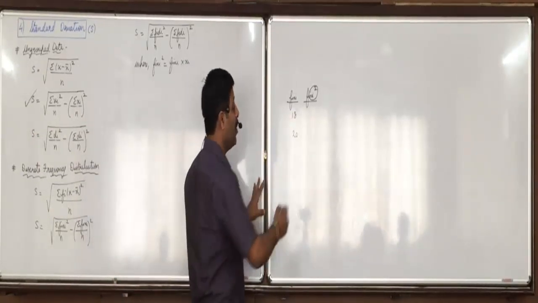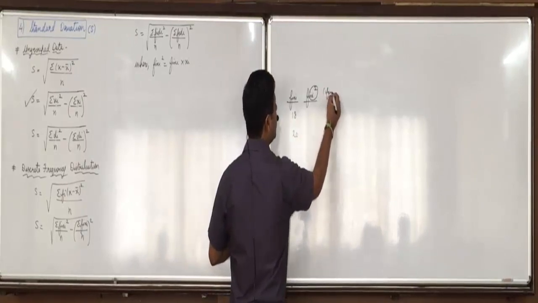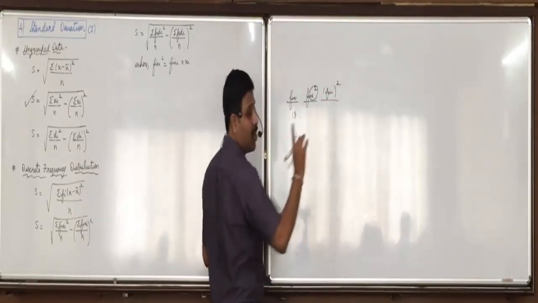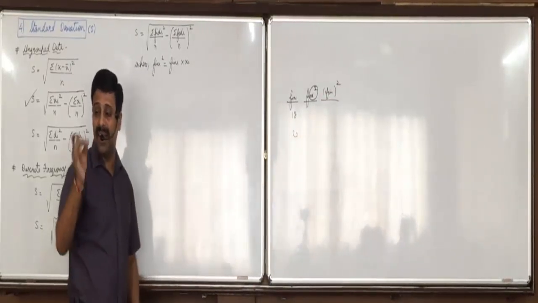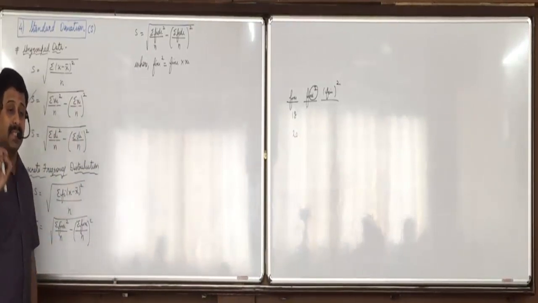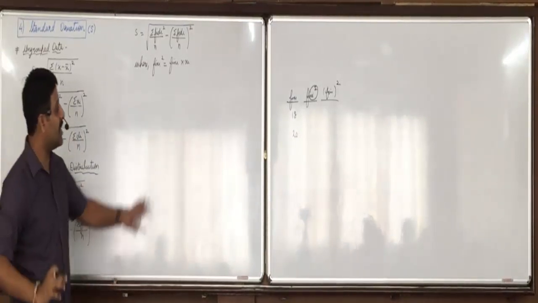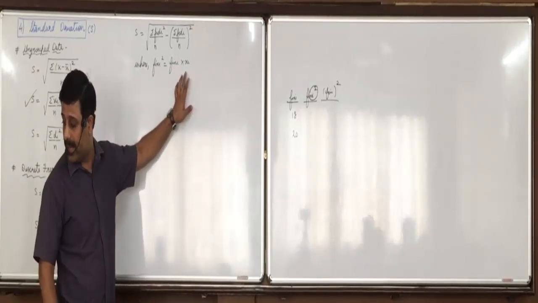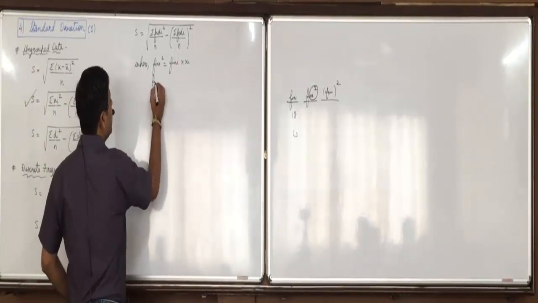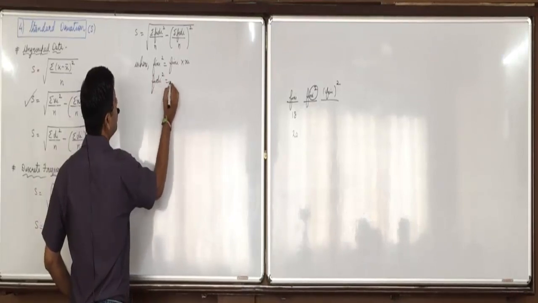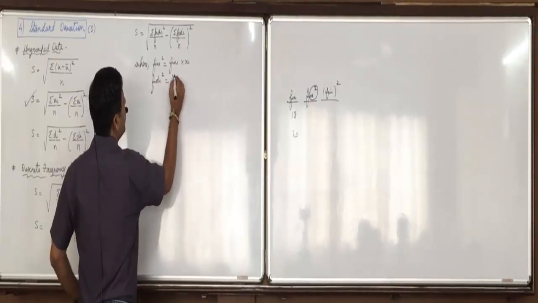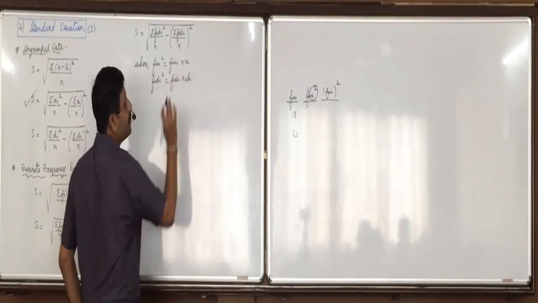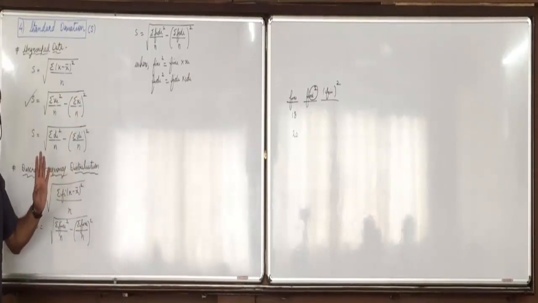What you are doing is (Fi xi) whole square, which is wrong. What we need is Fi multiplied with xi square. So how do you find Fi xi square in this? Fi xi into xi. Got it everyone? Same way, how do you find Fi di square? Fi di into di. Understood this?